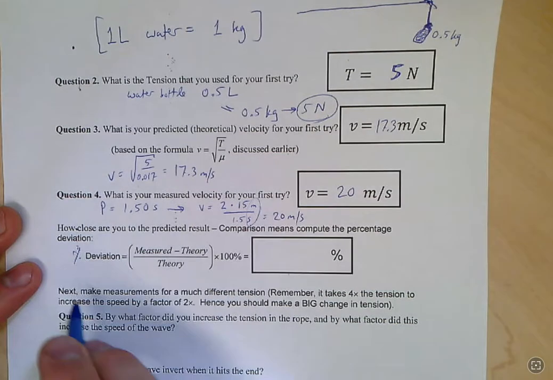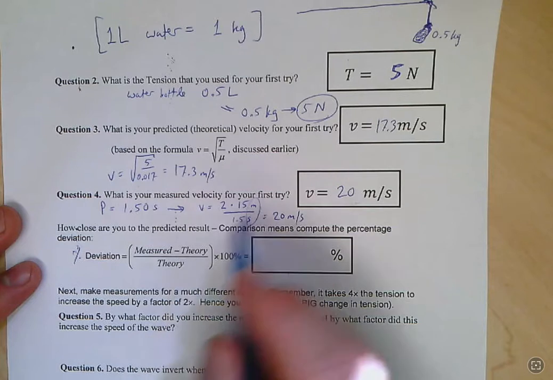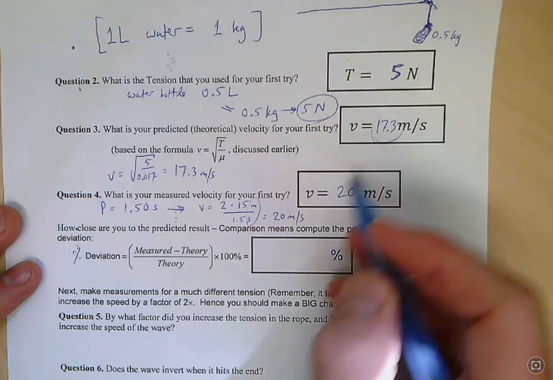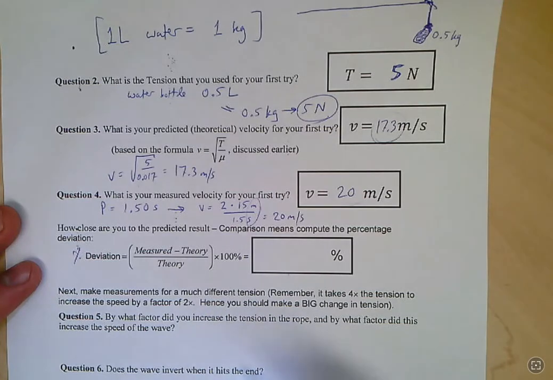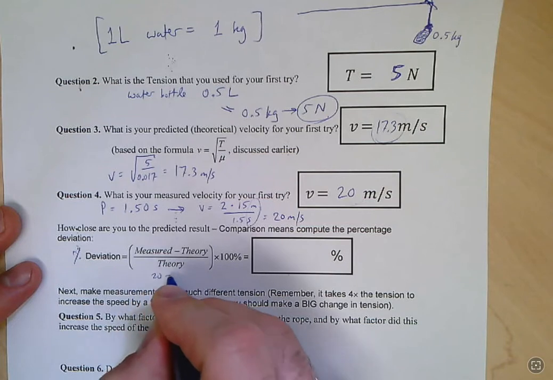So the percent deviation is we take the measured result, which is going to be this number, minus the theoretical result, which is this 17.3, and then we're going to divide by 17.3 and then multiply by 100 to get a percentage. So in other words, I'm going to take 20 minus 17.3 over 17.3.